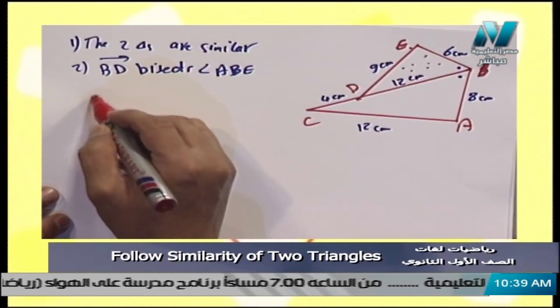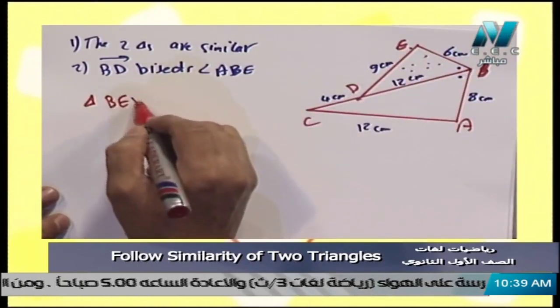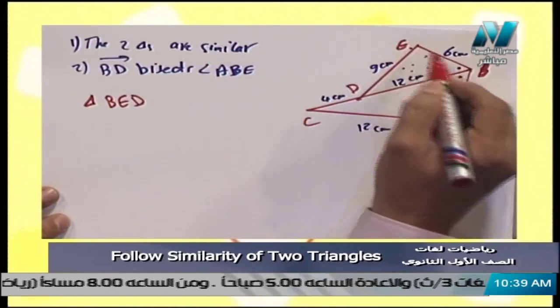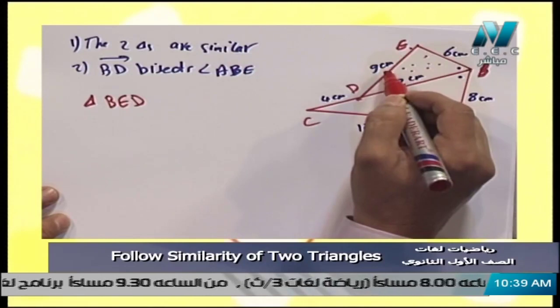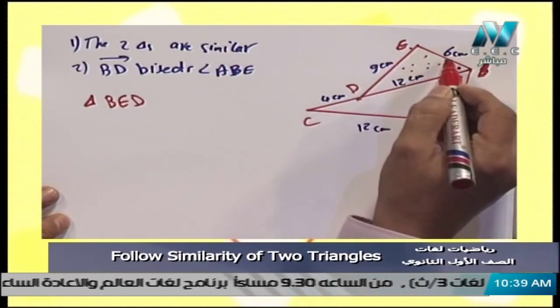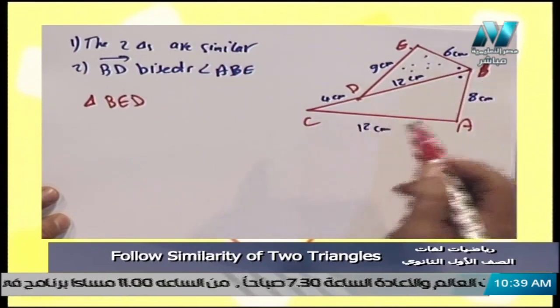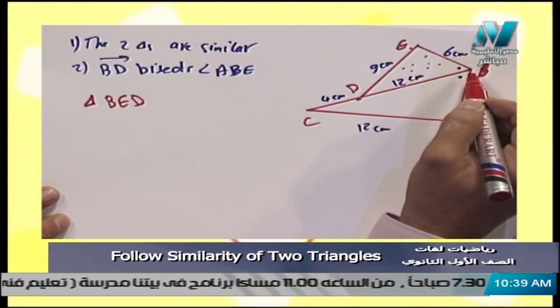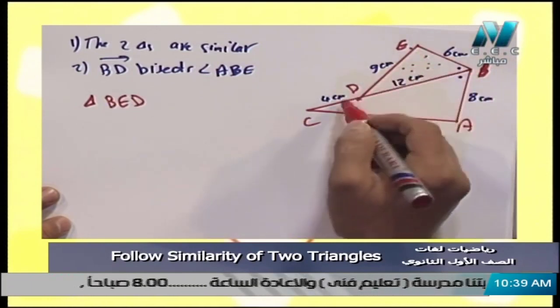So we can say triangle BED, because BE, 6 centimeters, is the smallest, ED is bigger than the smallest one, and DB is the biggest. So we can write the name of the triangle by ordering the lengths of the sides from the smallest to the biggest.